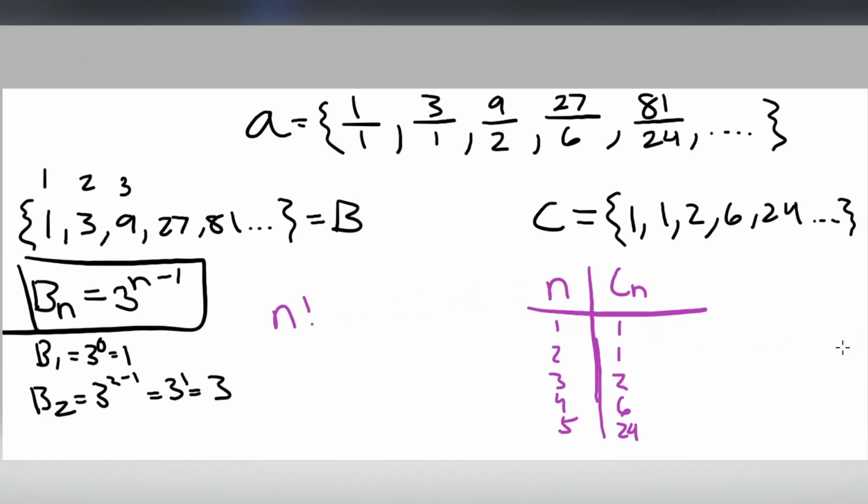So whenever I'm looking at this pattern, 1, 2, 6, 24, this commonly known pattern, I know this is 1 factorial, 2 factorial, 3 factorial, and 4 factorial. But what does this mean? Well, this is just 1, this is 2 times 1, this is 3 times 2 times 1, and this is 4 times 3 times 2 times 1. This is a very important number series to know.